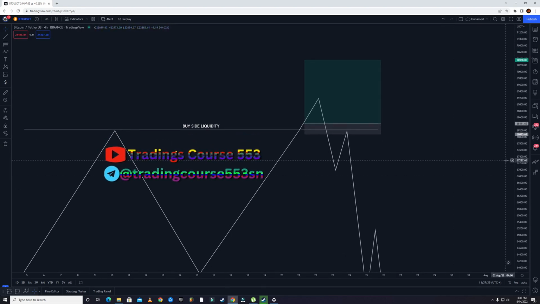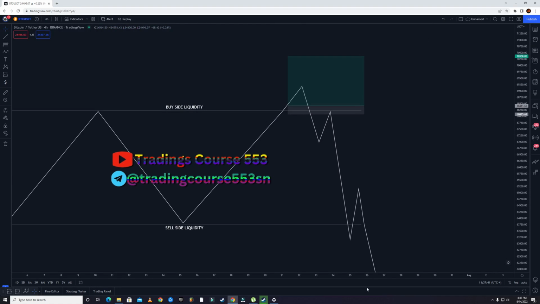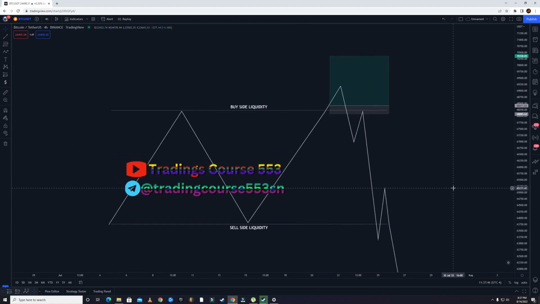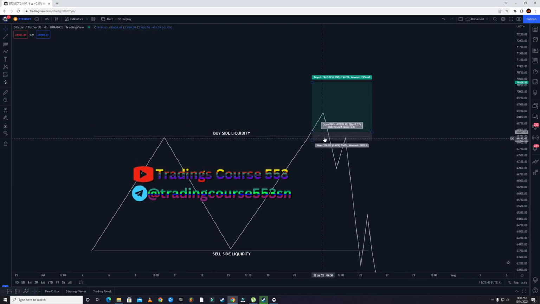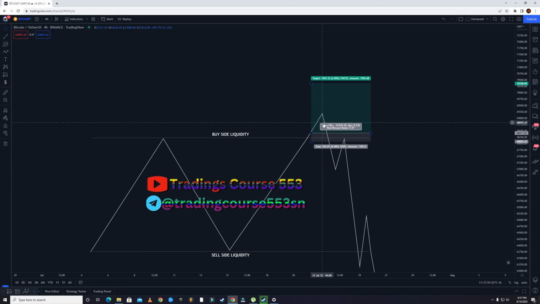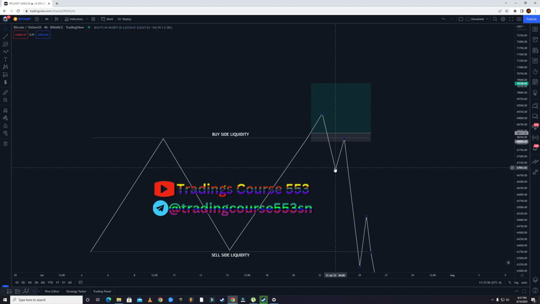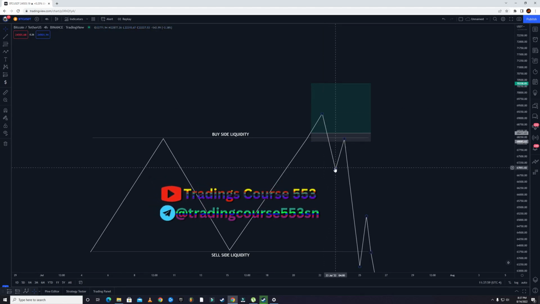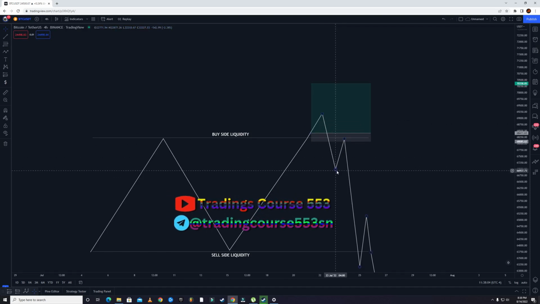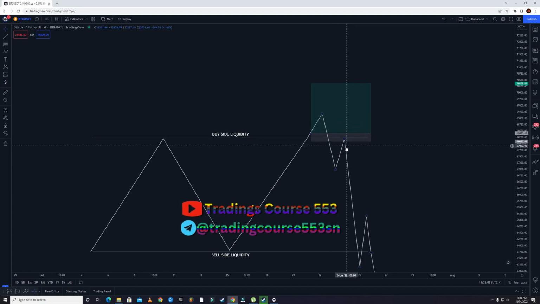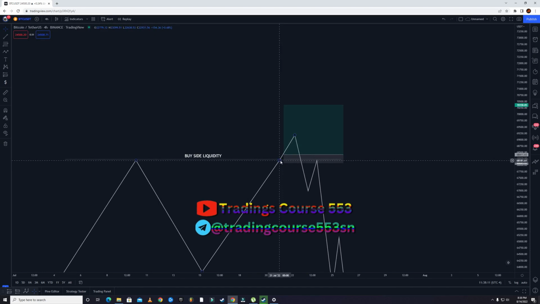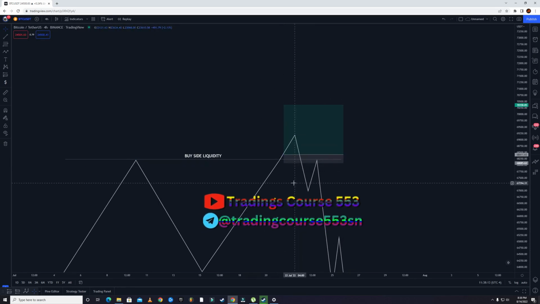All right, so the reason why it happens is so that the price can go down with momentum, with huge volume, because when the price breaks out, people buy, right? But then they have stop loss orders. So what price does, it just goes down, triggers a lot of stop loss orders, which are sell orders, right? So it's going to create more sell orders here and the price is going to go way down. All right, so people who just shorted at the resistance level got stopped out as well.